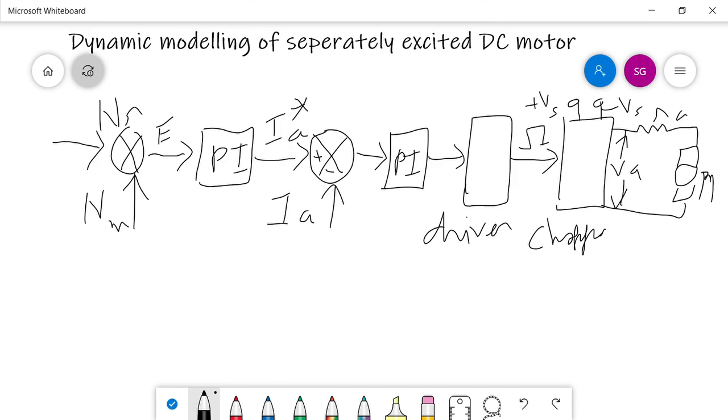So what we are doing, we are just controlling the duty ratio of this chopper to control the VA, the armature voltage across the DC motor, where the VA is related to the duty ratio of the chopper and the VS supply.